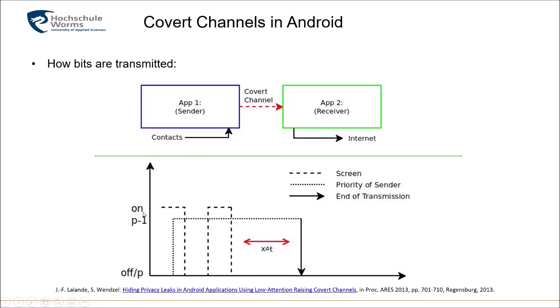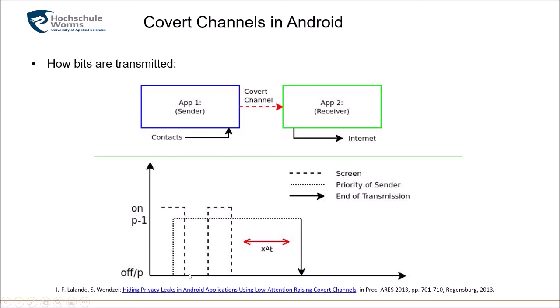So the screen state, that's the dashed line here, can be on or off. And the priority of the sender can be P or P-1. Now let's assume the user turns on the screen, and now turns off the screen.